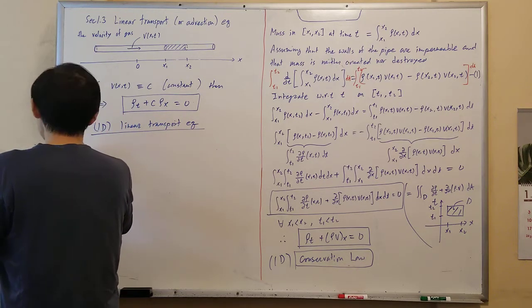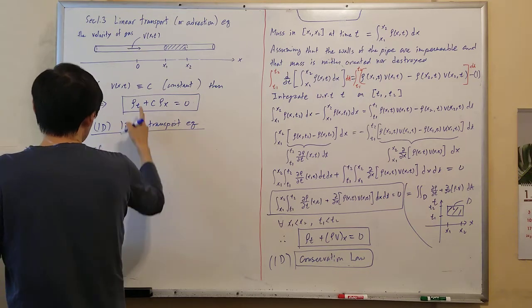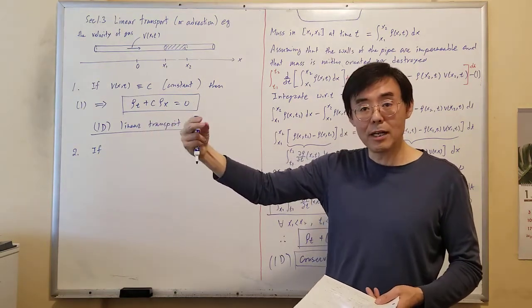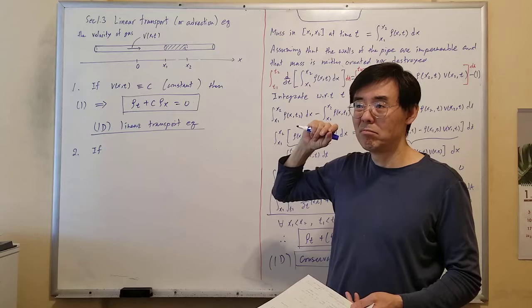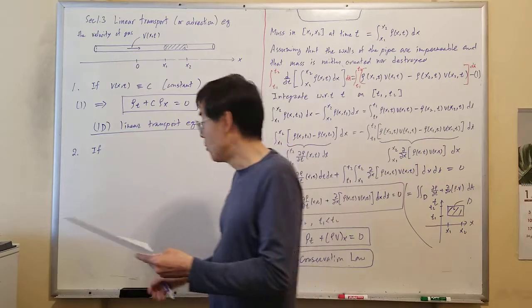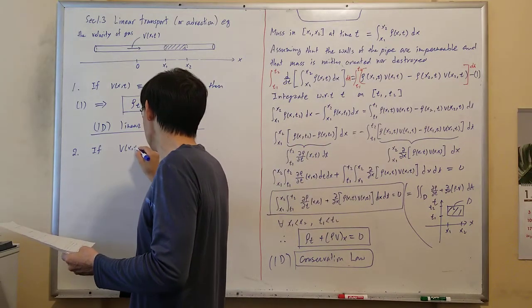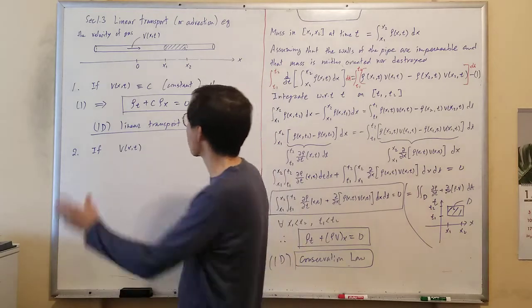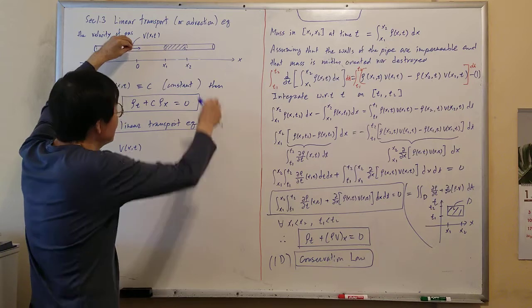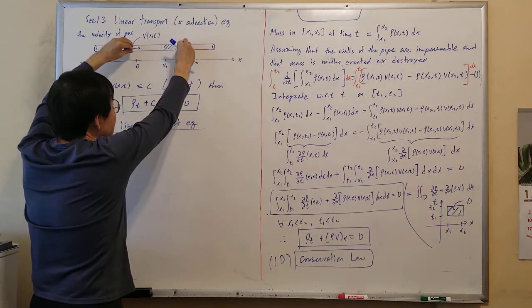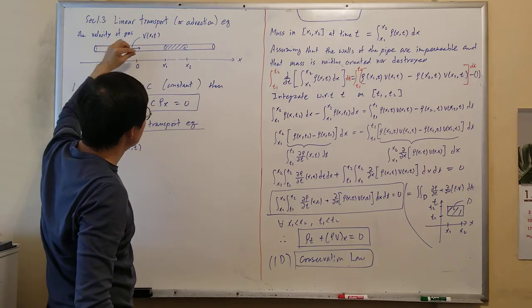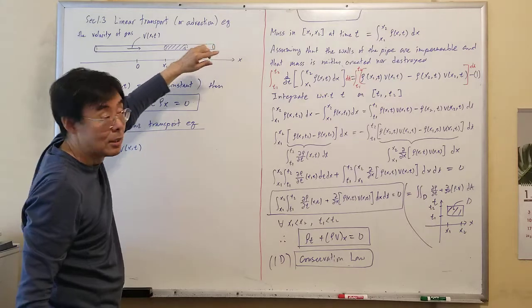What about the second case? Now, this is an overly simplistic case. Everywhere, at all times, your velocity is constant. It's not that interesting a case. More realistically, think about it. If you have a very large density of gas here and a smaller density there, then things will go from the high pressure region to the lower pressure region, right?